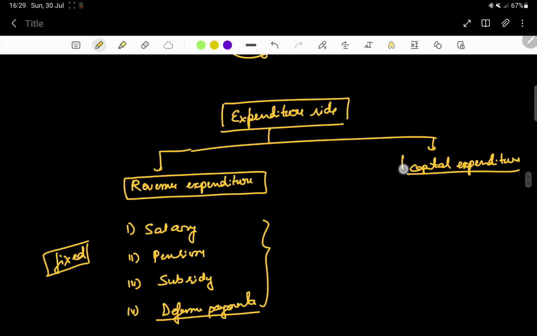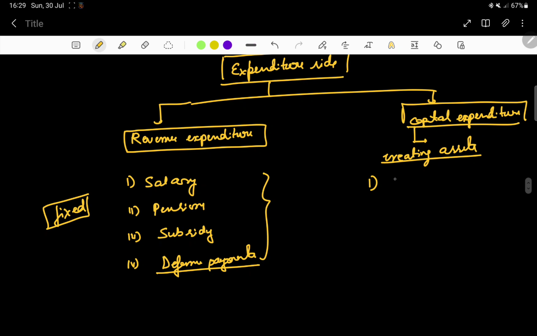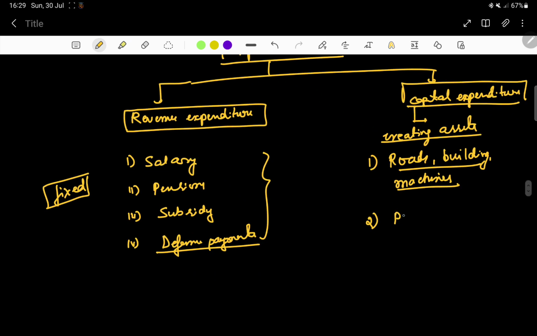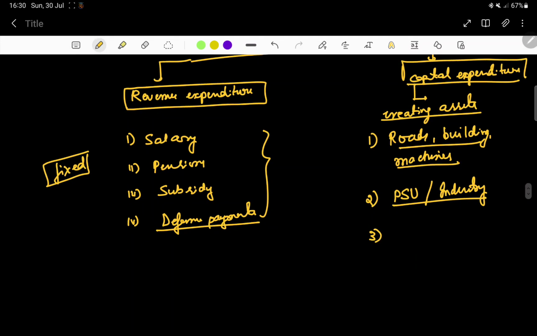When we talk about capital expenditure, it is about creating assets. In creating assets, we spend on roads, buildings, machines. In this way we create assets, and that is capital expenditure. Or let's say the government is creating one more PSU, or building a new industry, or acquiring a new company.